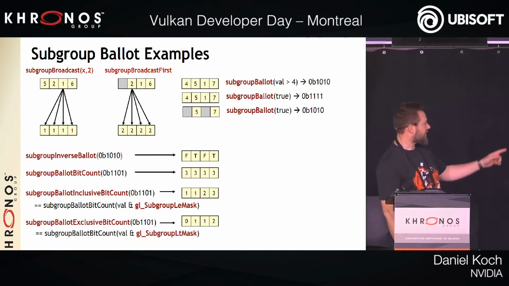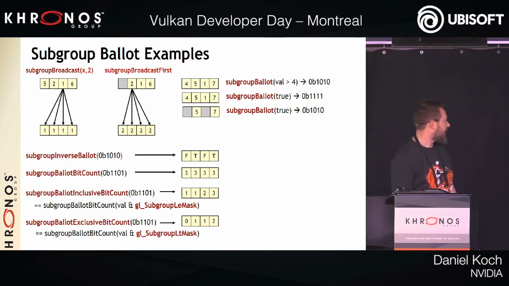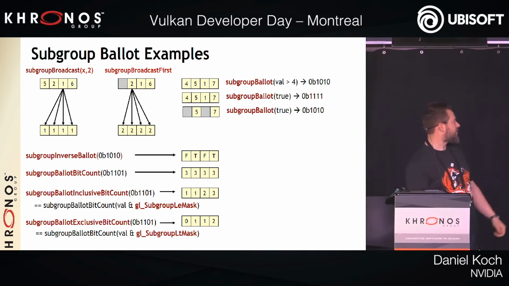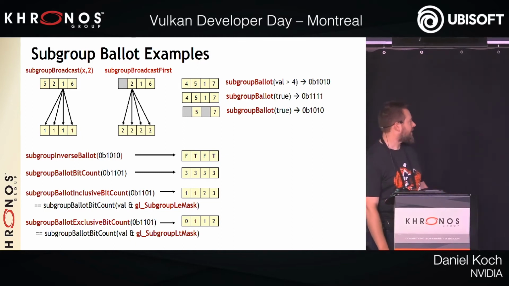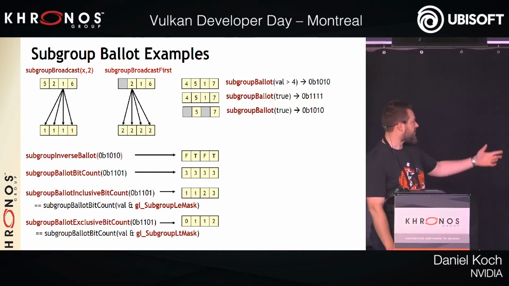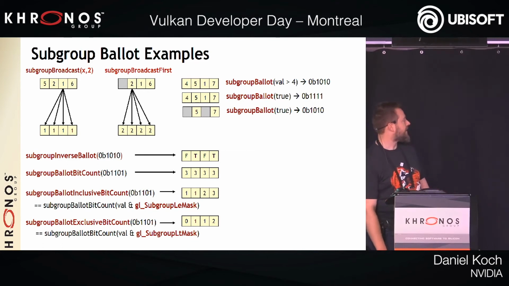So it gives you 1, 1, 2, 3. This is also another way of looking at it: the same as subgroup ballot bit count of value and the subgroup LE mask, less than or equal to mask, and similarly for the exclusive bit count.